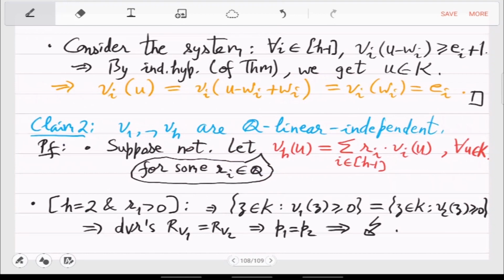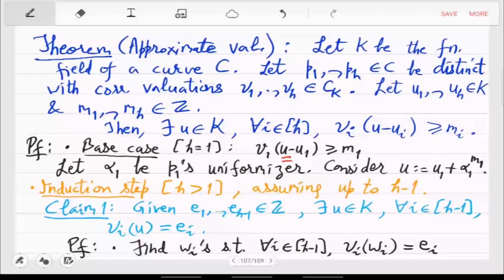After this claim, what we will do is we want to do the induction step.